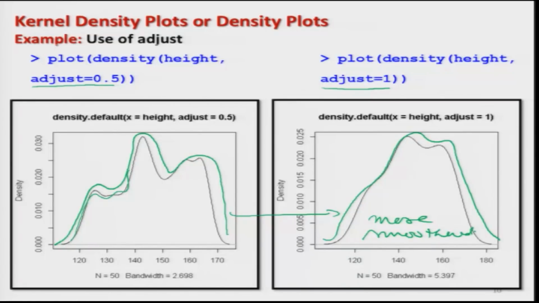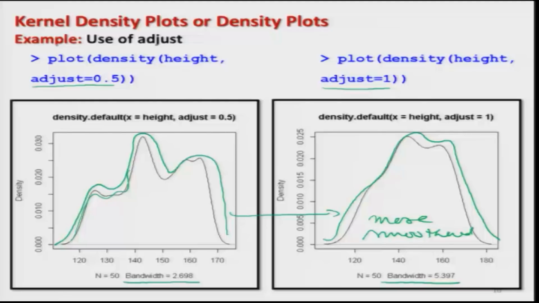And you can see here in the first case the value of bandwidth chosen is 2.698, and in the second case the chosen bandwidth is 5.397, which corresponds to adjust equal to 1. Now, the question comes, what should be the proper value of adjust?